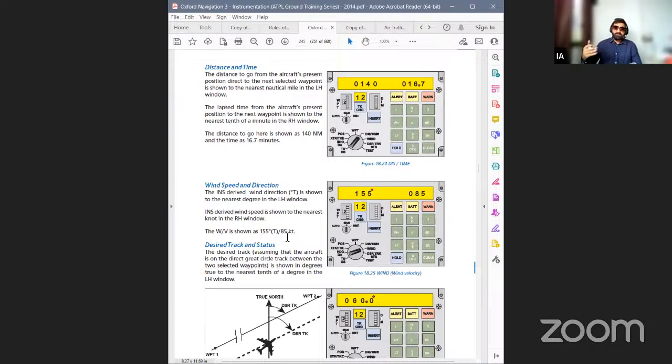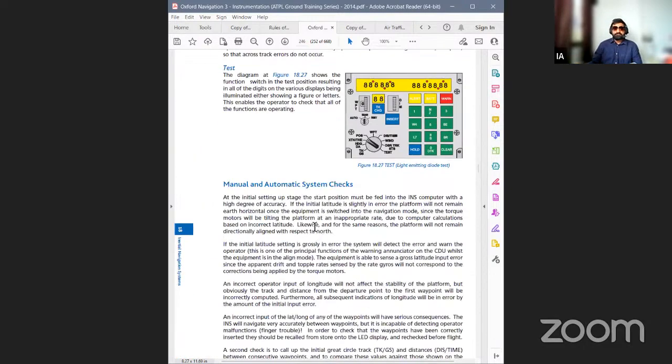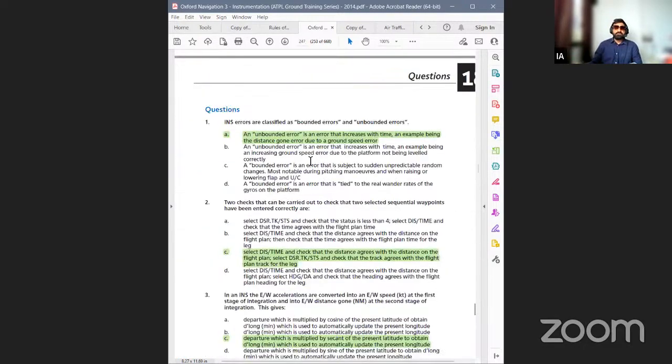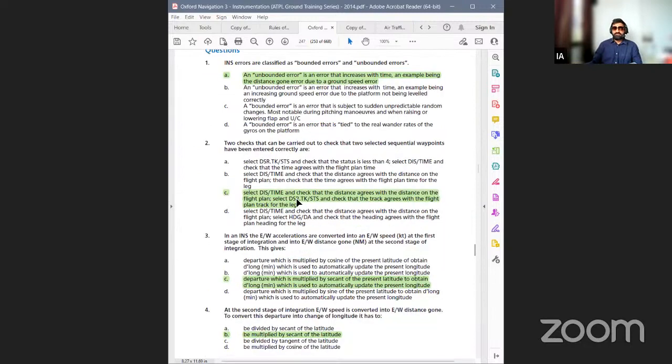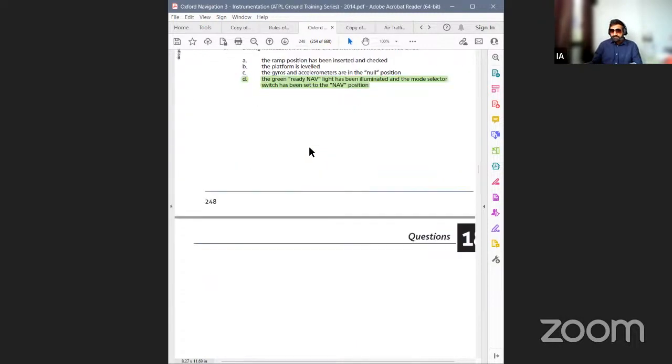So your CPL will be on a smaller flight and you will not have these systems, but basic understanding can be asked. So just make sure you have read through these basic solve questions here, just in case on a safer side. Okay, I've marked it correctly from this. And just keep a mental note of it just for the sake of exams.